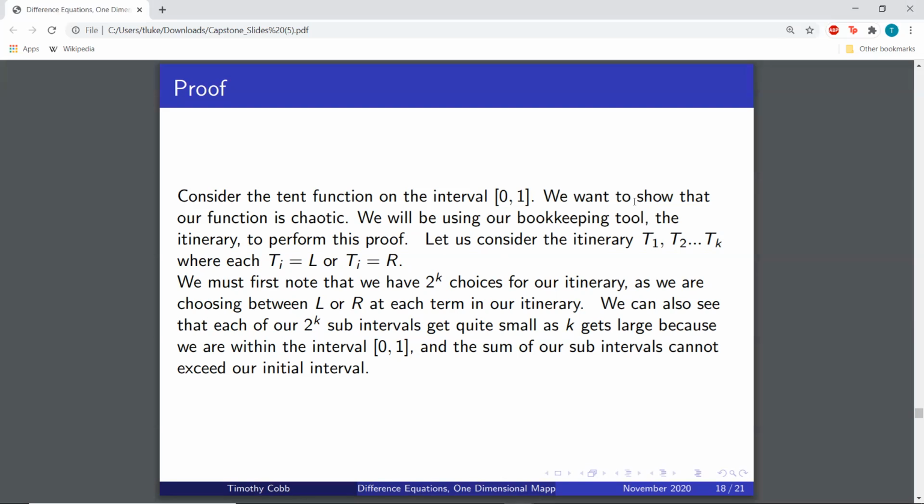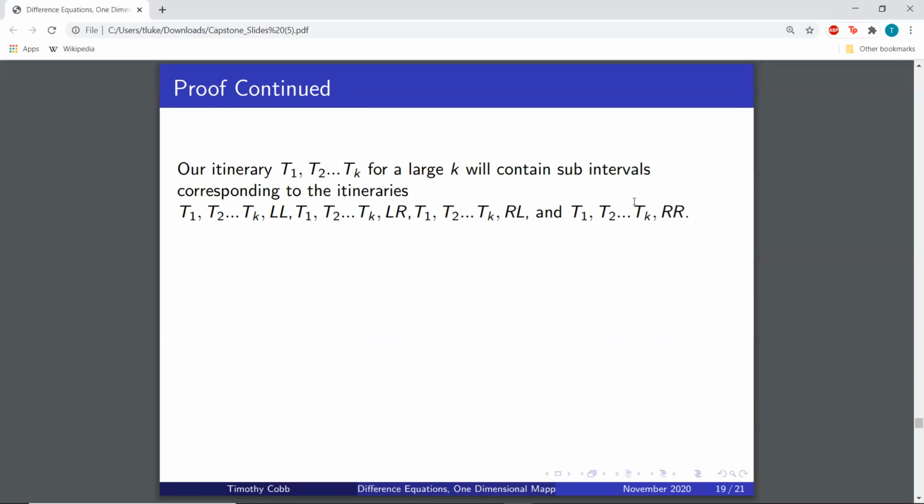So essentially, as we keep on breaking up our interval into more and more little pieces, these little pieces are getting extremely small. And so our itinerary, T1 to Tk, for a large k, will contain subintervals corresponding to the itineraries T1 to Tk followed by an LL, T1 to Tk followed by an LR, T1 to Tk followed by an RL, and T1 to Tk followed by an RR.